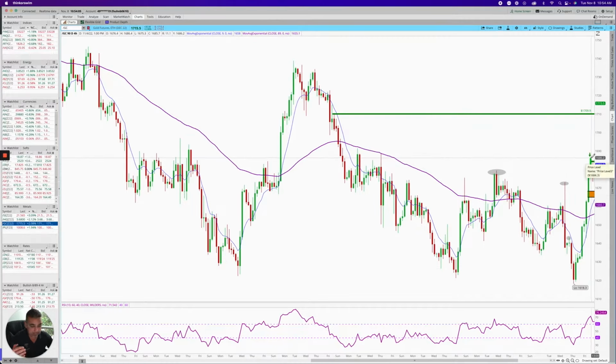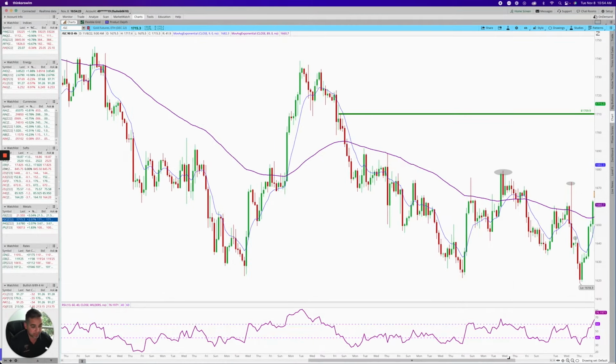it is what is associated with bottoms. And when we go from 30 on the RSI to 71, that is not a normal move in such a short time frame.